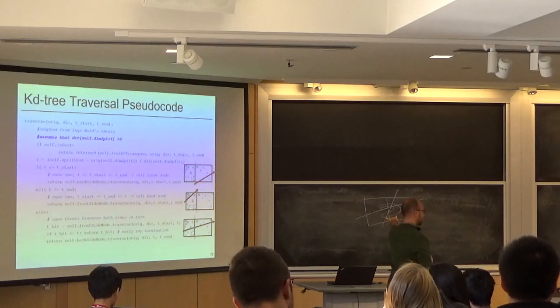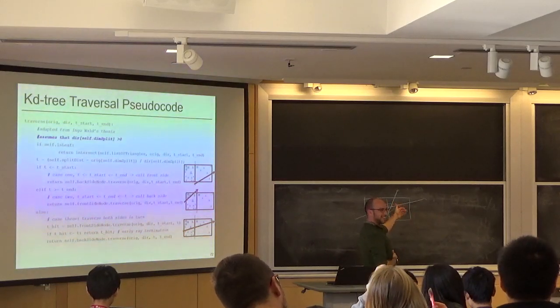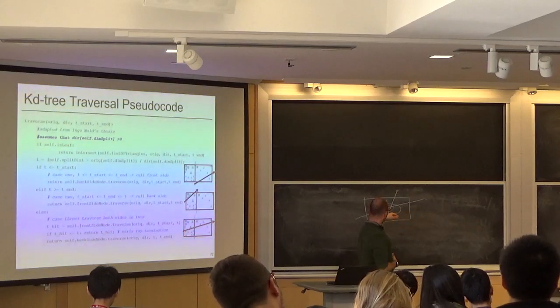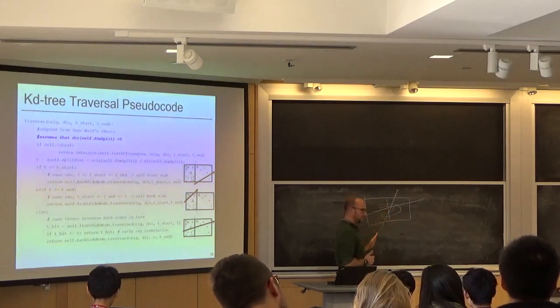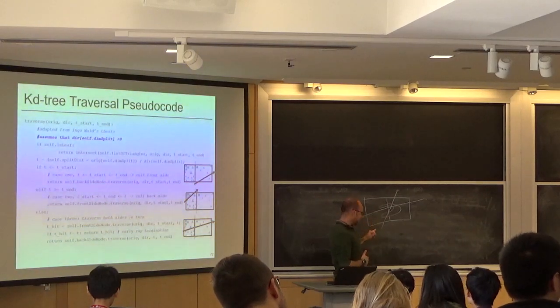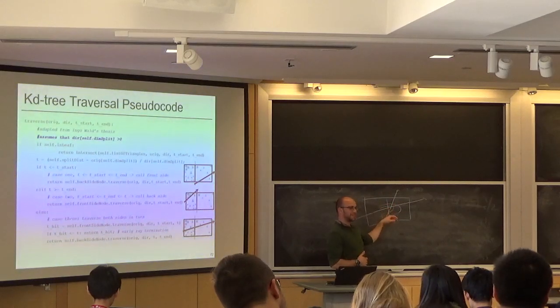In fact, these are just two leaves, and it's just stuff on one side of a plane and stuff on another, like x smaller than t and x bigger than t, whatever t is. And we use the words front and back by first looking at the direction of the ray and figuring out whether the x direction of the ray is positive or negative, and that determines which of these two guys is front and which one is back.